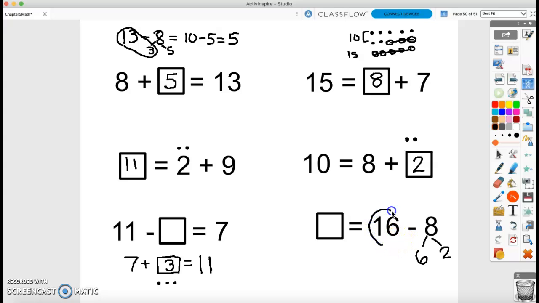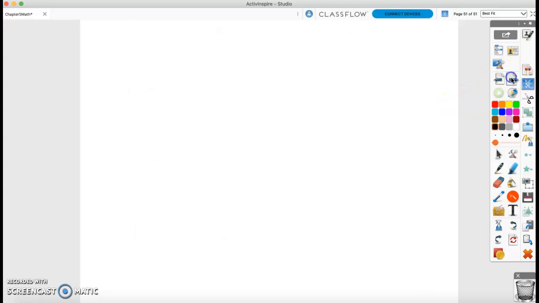So I have 16 minus 6 is 10, and we still have to subtract this 2 off, equals 10 minus 2, 10, 9, 8. So our answer is 8. Awesome job learning today.